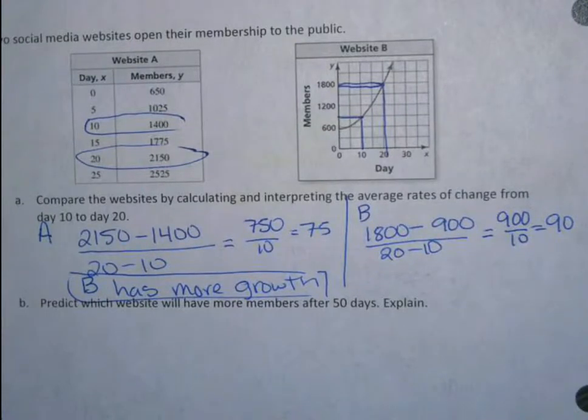So B on number 4 wants me to guess which website's going to have more members after 50 days and why I think that. So which one do you think is going to have more members? Still B, why? It's already bigger? Okay. Yeah.